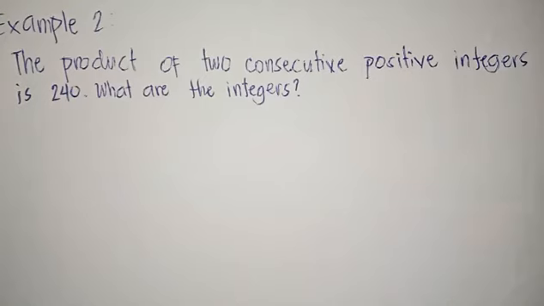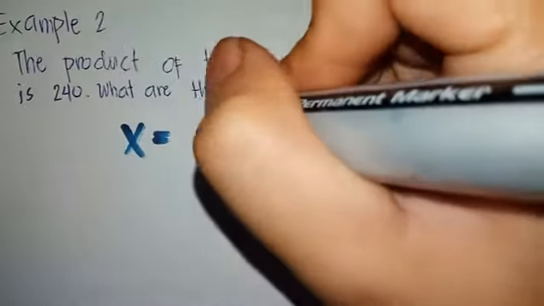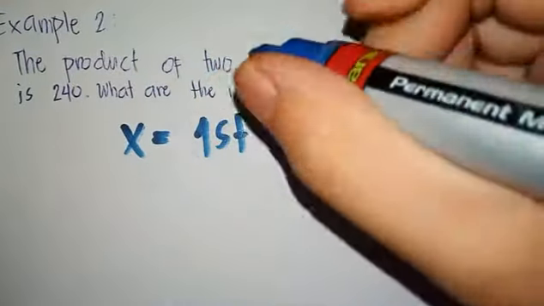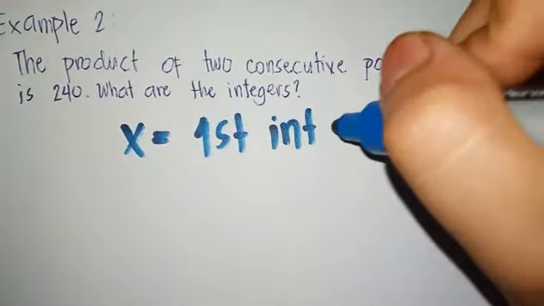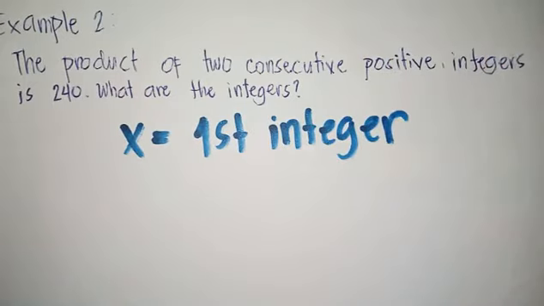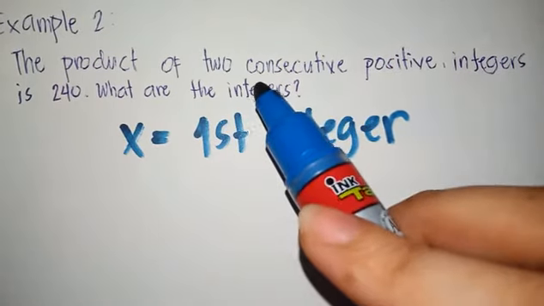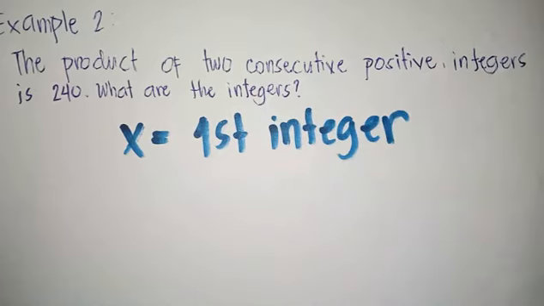Let's have another example. So, we have here the product of two consecutive positive integers is 240. What are the integers? So, first, let x be the first integer. So, since sinabi dito na consecutive positive integers, ibig sabihin magkasunod daw sila.